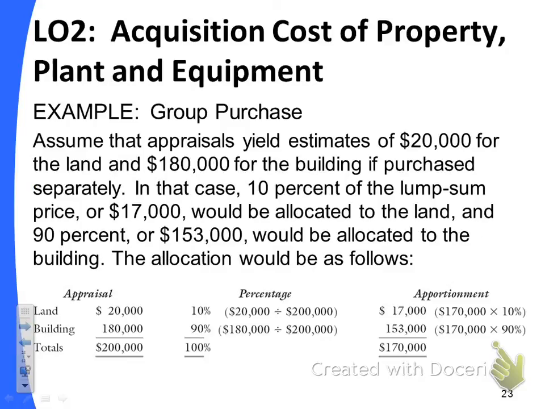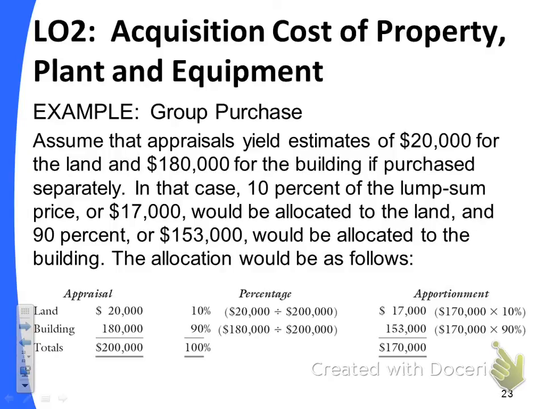And we'll do this in a little bit more detail next class, but let's just assume that an appraisal estimates $20,000 for land and $180,000 for a building if they were purchased separately. In this case, 10% of the lump sum price would be allocated to the land, and 90% would be allocated to the building. This is how it would break down.